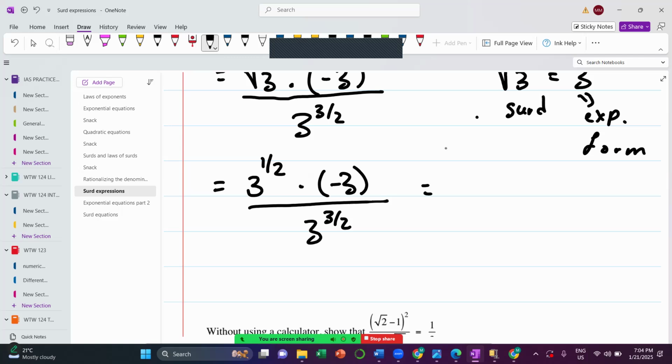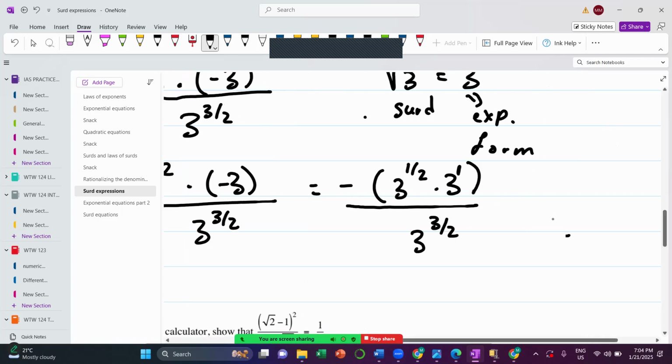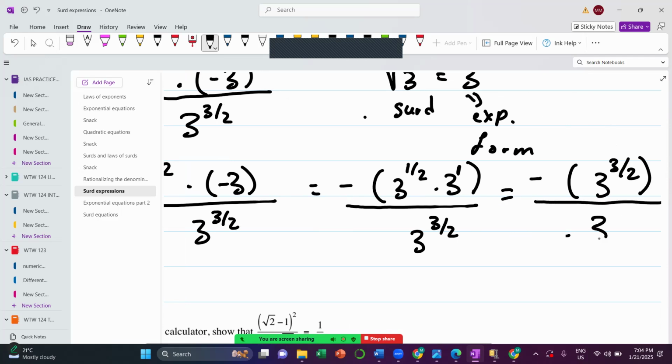I'm going to have negative into 3 to the exponent of 1 over 2 times 3 to the exponent of 1, all over 3 to the exponent of 3 over 2. Then I have the same bases multiplying, so I'm going to add the exponents. So 1 over 2 plus 1 is just going to be 3 over 2, all over 3 to the exponent of 3 over 2.